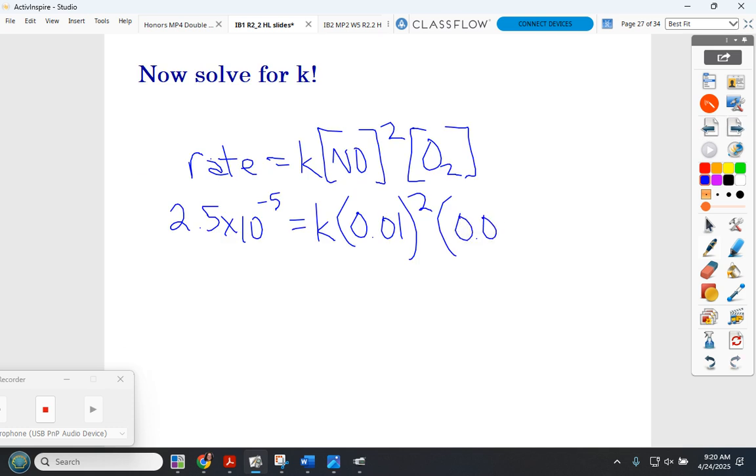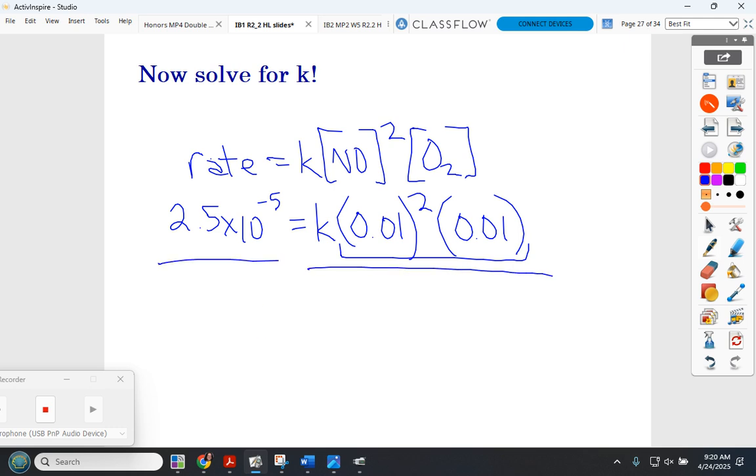So it's really 0.01 cubed, when you put it all together. So we can then solve for K by dividing both sides by that.